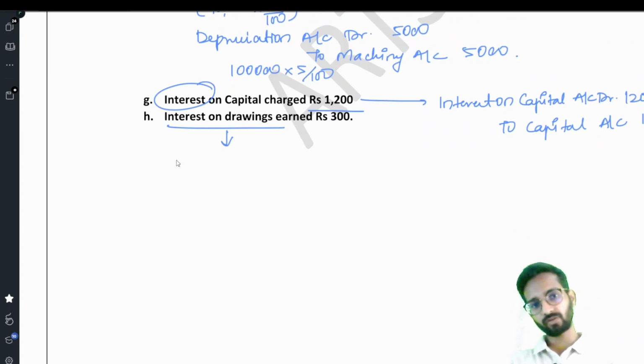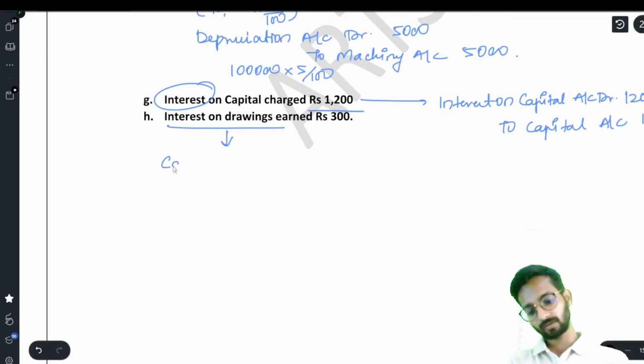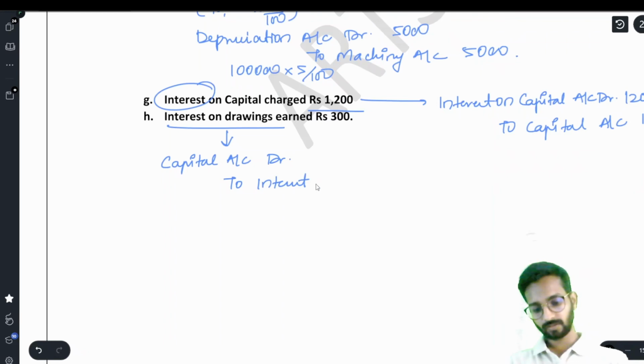So the firm will reduce the money directly from the capital account of the owner. So the entry will become capital account debit to interest on drawing. How much? 300.